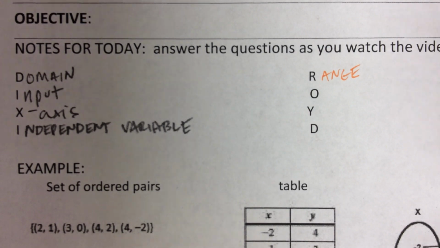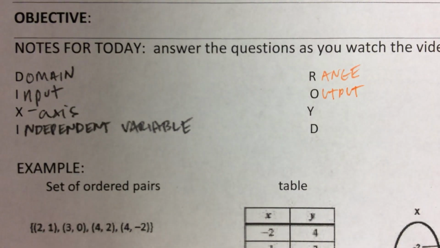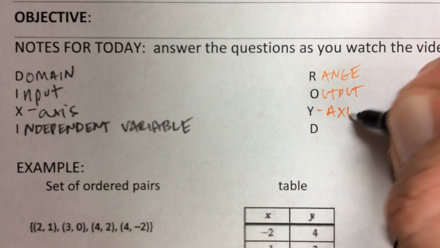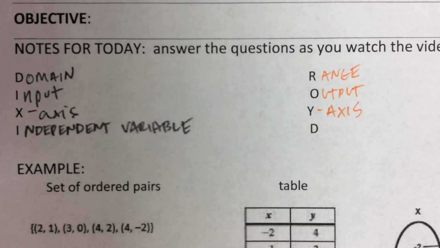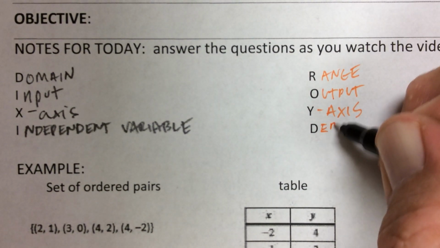The opposite of input is output. The opposite of the x-axis would be the y-axis. And the opposite of the independent variable would be the dependent variable.